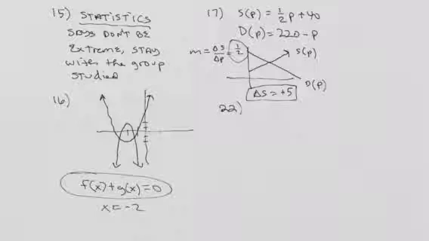All right, I'm going to go on to problem 22, which is a system of equations. It's kind of an unusual one. They're telling us that x plus two other numbers, which we'll call y and z, add up to 855.